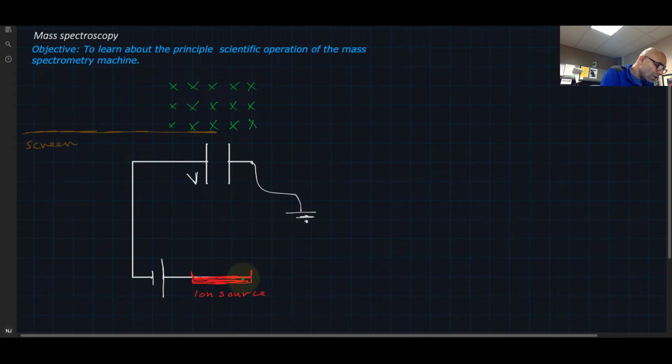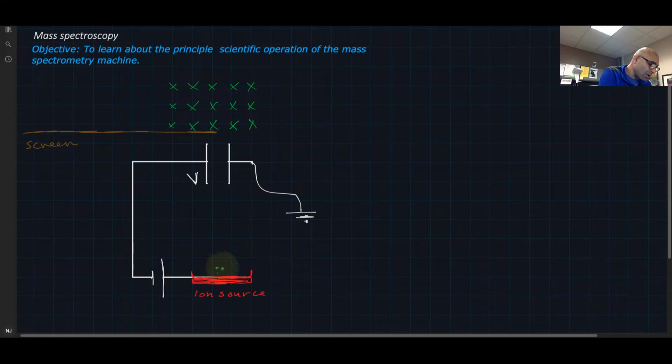Okay, so let's say there's a schematic diagram of the mass spectrometry machine. Let's say there is a source of ions here, like hydrogen ions, H1 plus, or Fe plus 2, or copper plus 1 or plus 2, and these are being spit out by this ion source.